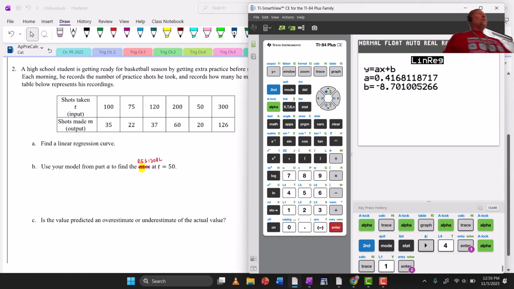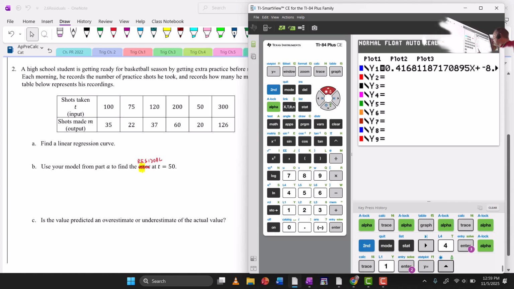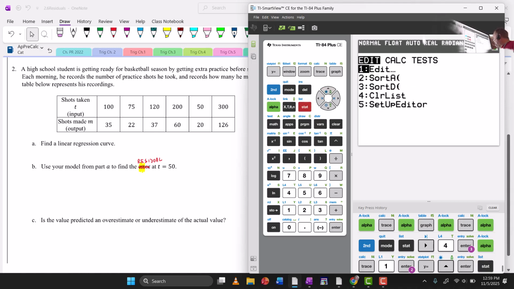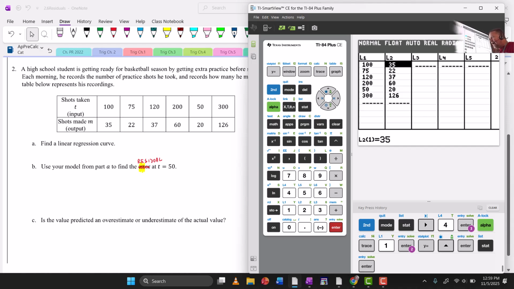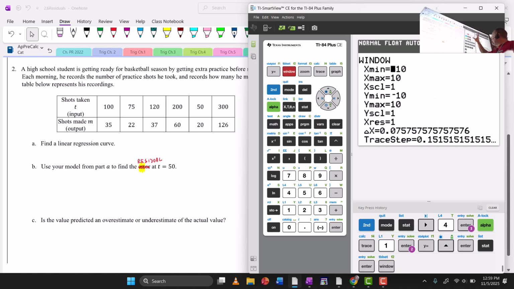You know what I am going to do, though? I'm going to come back over here because I like typing on the screen. You don't have to do this. Just watch. Because it is and can be catastrophic if you turn your plot on and you don't have any data values. Your calculator will shut down and never be able to graph. So be careful. Tread lightly. And then I also, this makes me mad, students that think this is hard.